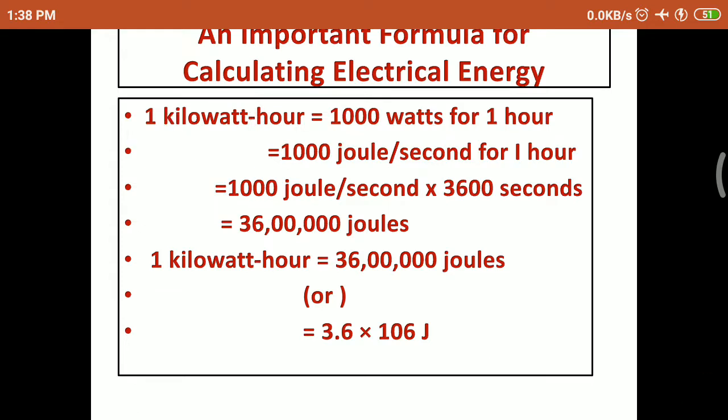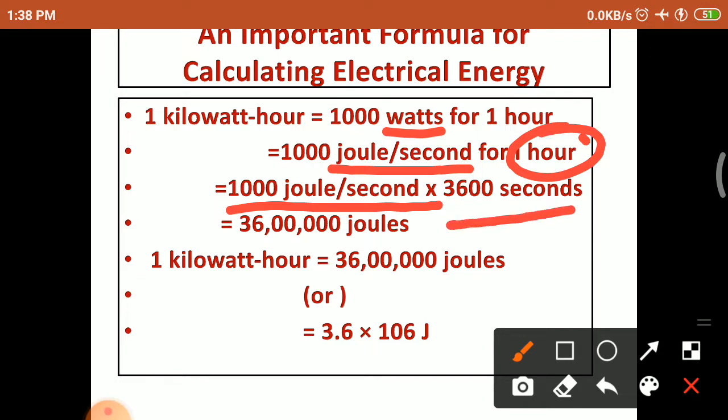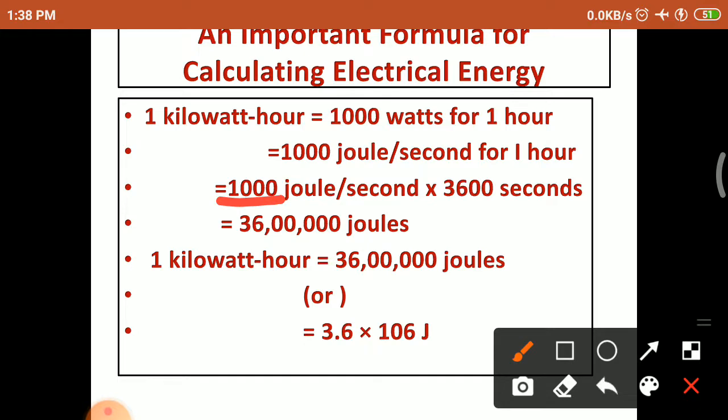You know the watt means joule per second. So for 1 hour, 1000 joule per second. Instead of 1 hour I write 3600 second, because 1 hour is equal to 3600 second. So when I multiply 1000 and 3600 I get 36 lakh.